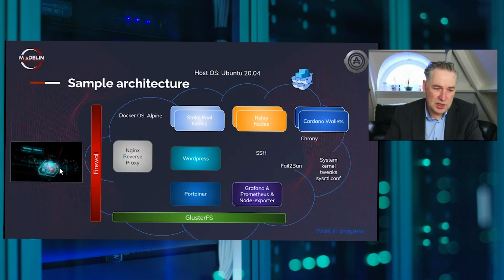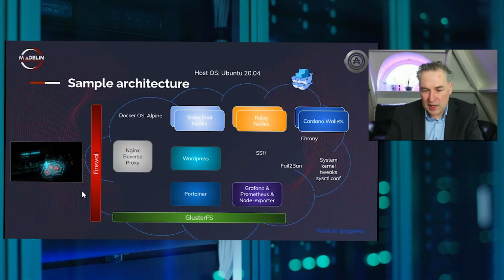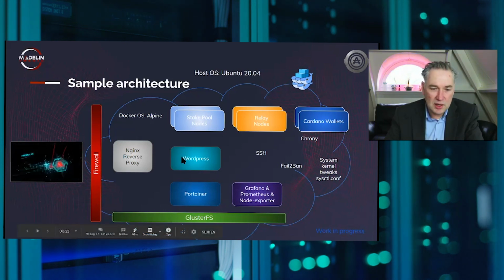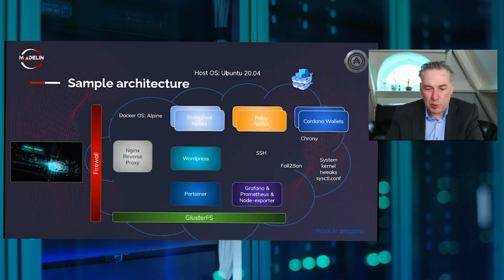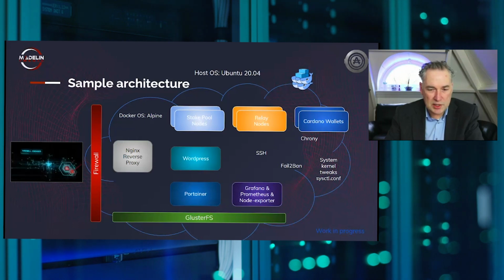As you can see over here, there's a continuous threat on the internet that people are hacking into your servers. That means you have to protect all your services and your endpoints as well as possible to make sure that the block producer is always producing blocks and the relay nodes are always up.